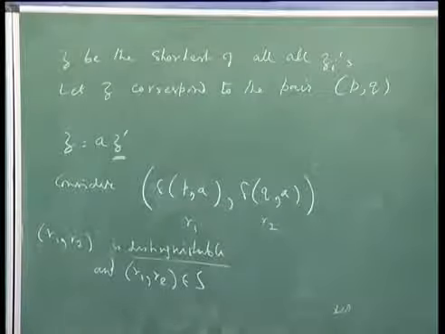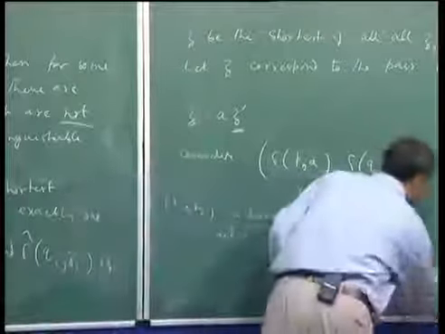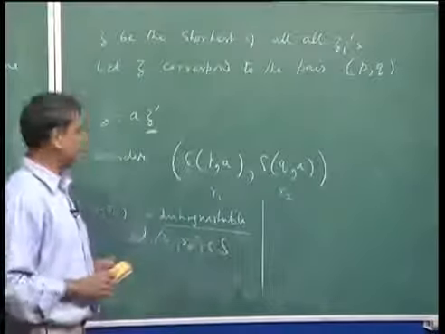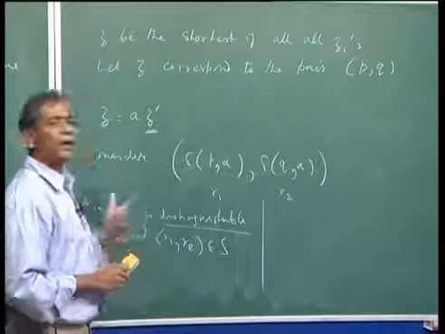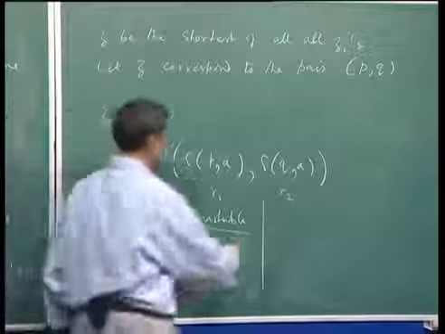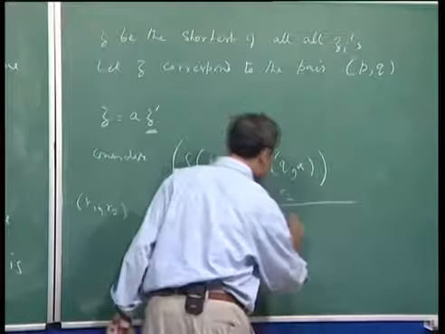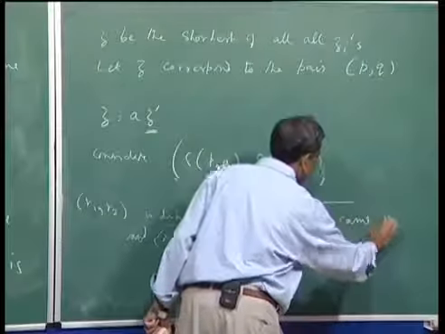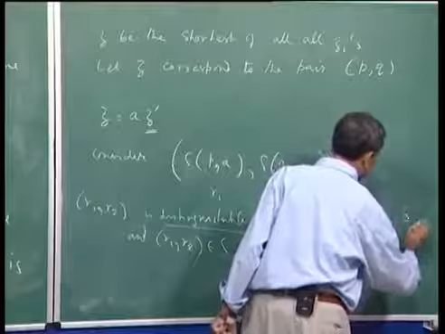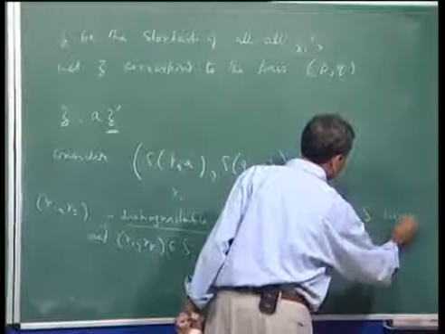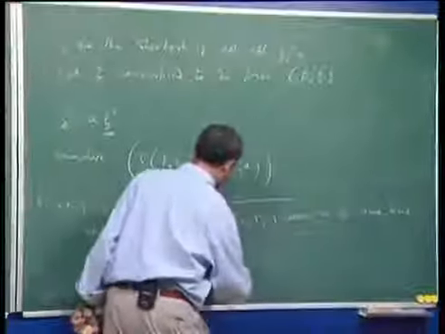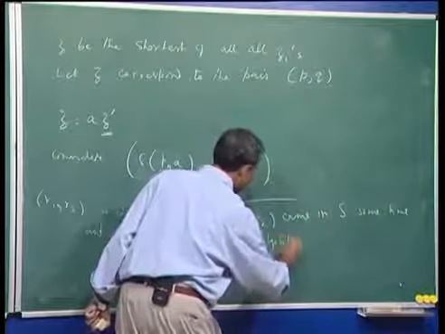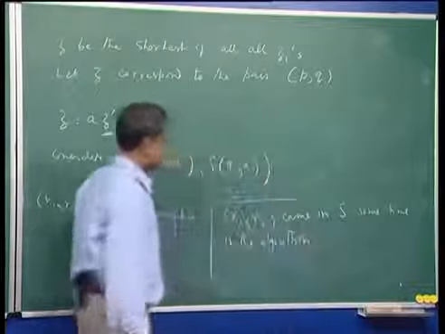And now comes the contradiction. Since R1, R2 is in S, it means this pair came into S sometime in the algorithm, maybe in the initial phase or maybe in one of the iterations.